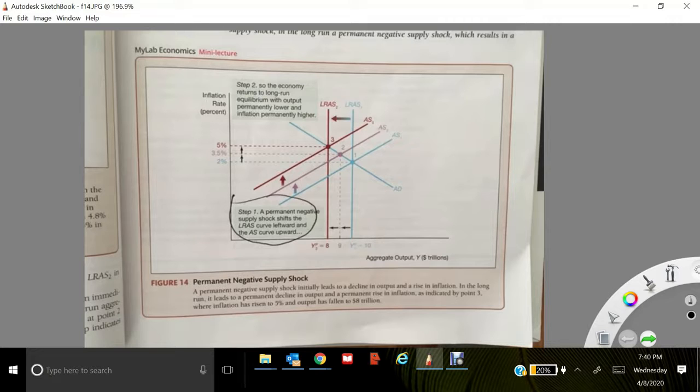It's a little harder to come up with examples. But for example, they take the case of regulations, okay? They call them ill-advised regulations, but if you had an increase in regulations that negatively affected the potential output of the economy. So here we are, point one again, the intersection of our three curves.